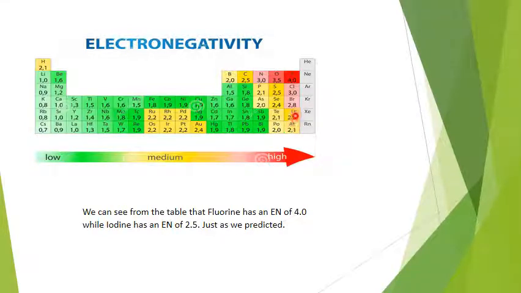Okay, and what we're going to notice is that as the atom gets smaller, with fewer shells, it'll have a higher electronegativity. So fluorine only has 2 shells and it has the highest electronegativity in this column.